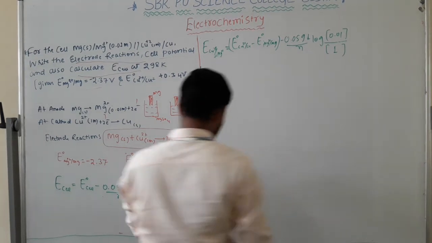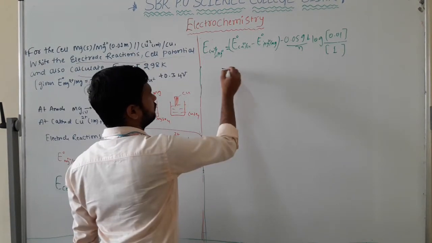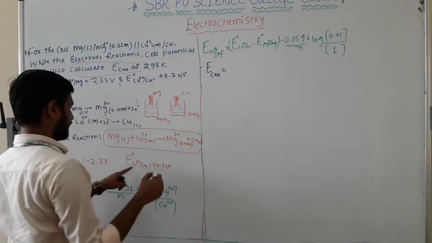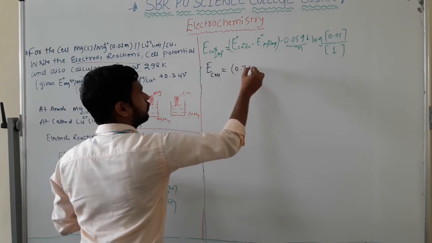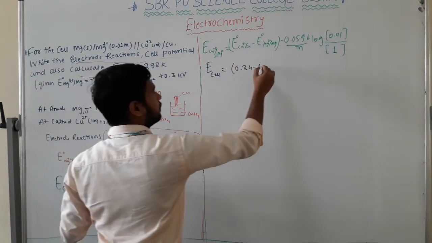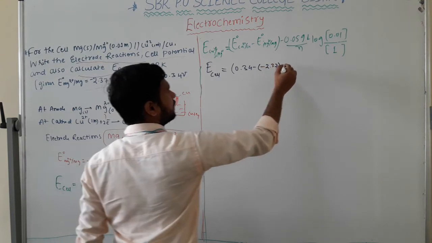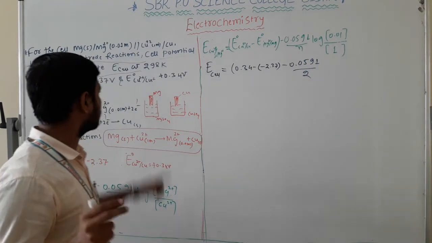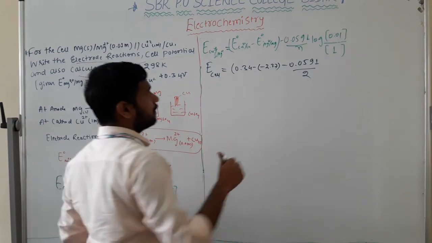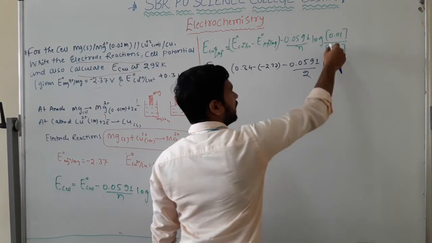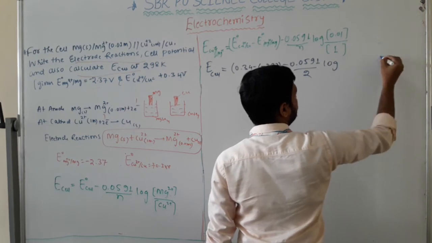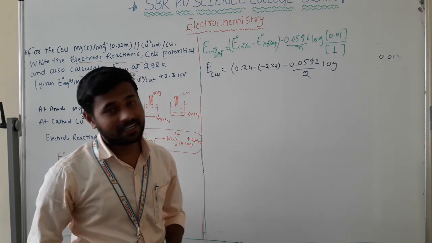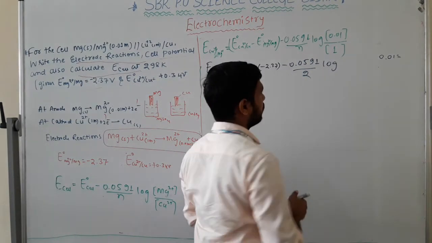Now I substitute the values into the E cell equation. For copper it is 0.34 minus minus 2.37, minus 0.0591 divided by 2, because 2 moles of electrons are transferred, times log of 0.01, which I write as 10 power minus 2.